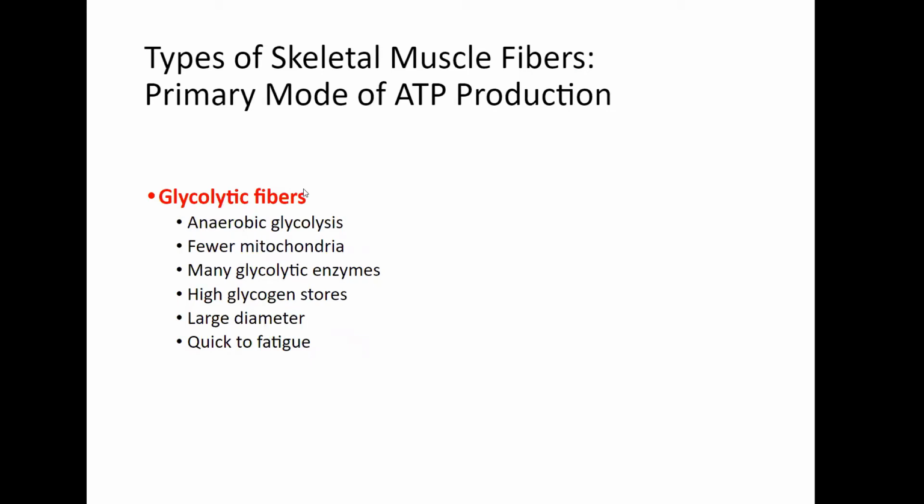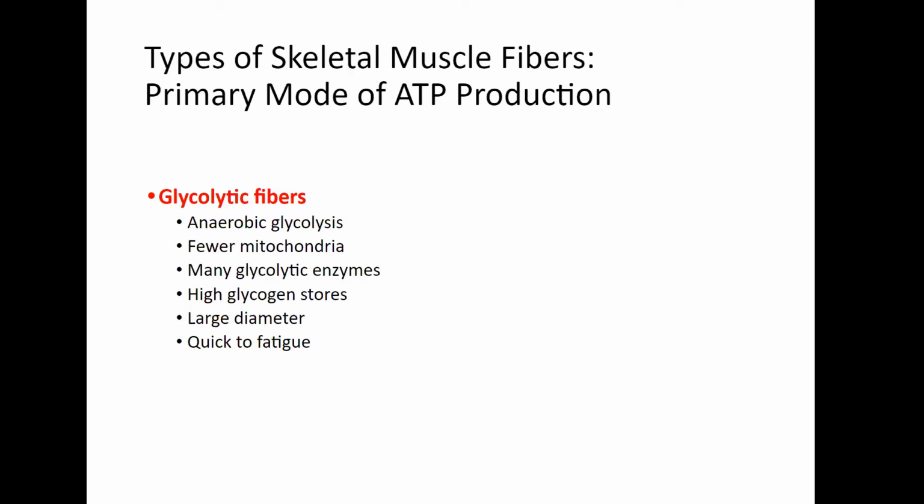The glycolytic fibers are the ones that are going to do glycolysis. So they're specialized for anaerobic glycolysis: breaking down glucose, getting pyruvate, turning that into lactate. So we have this buildup of lactic acid, but we also keep having enough NAD to continue running this glycolysis.